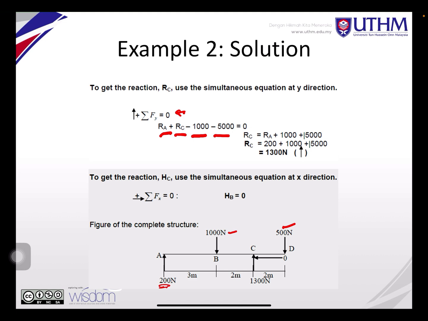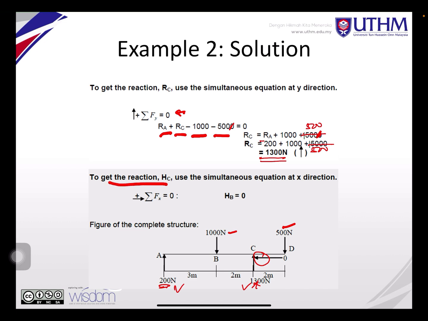Sorry, there is a typo here, this is 500, so 500. So this is negative 200. So 1000 plus 500 minus 200 is 1300 going upward. So you get RA and RC already, but HC you haven't got yet.